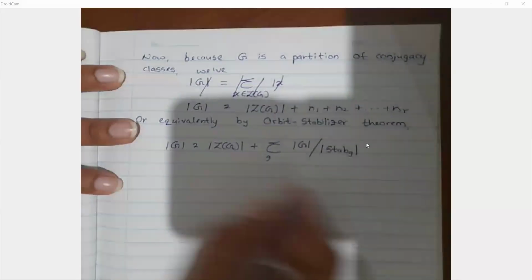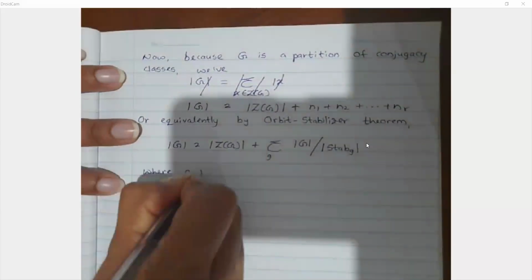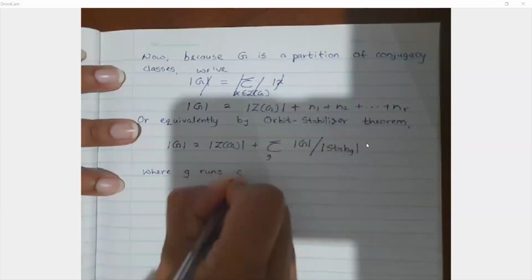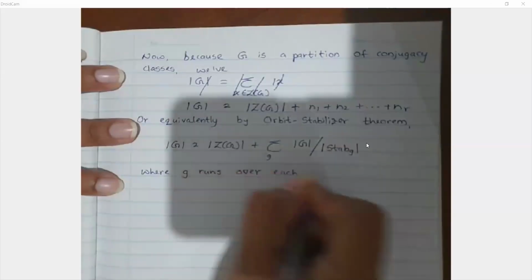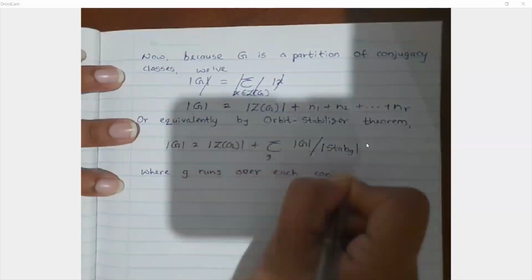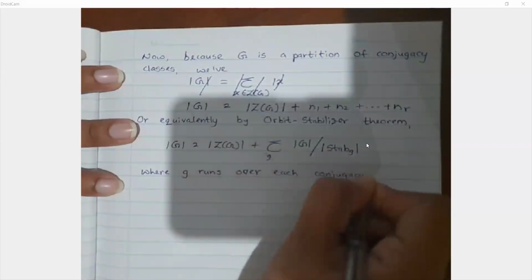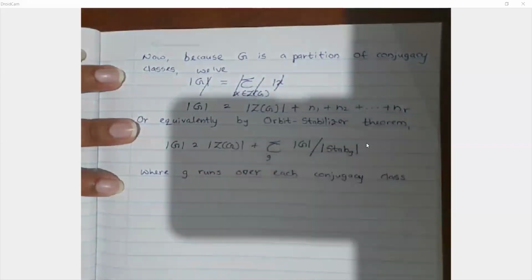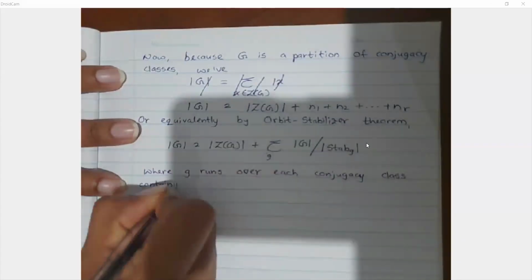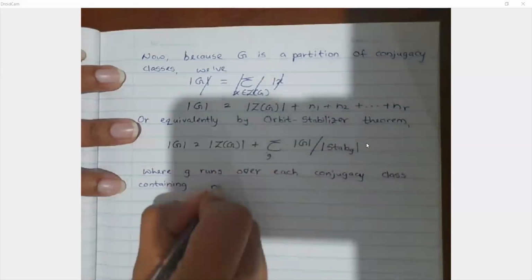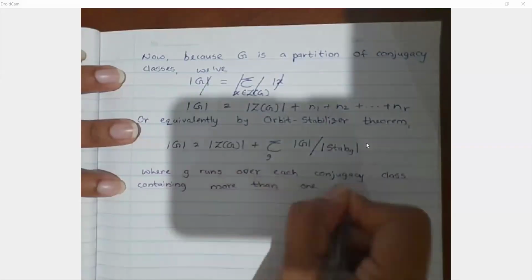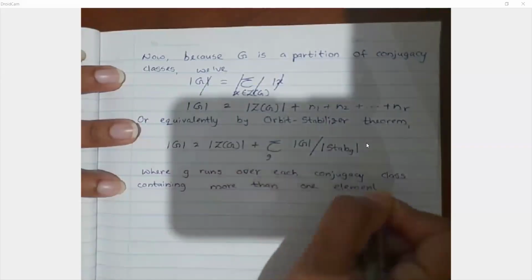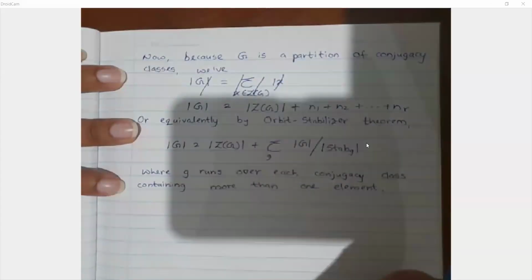Let me write it here. Where g runs over conjugacy classes containing more than one element, right?